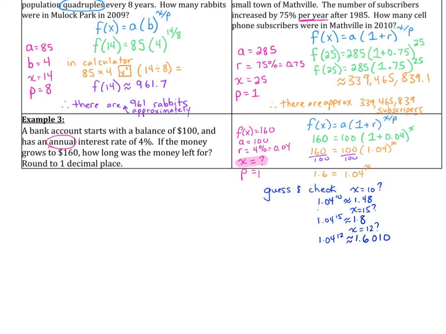If you were to try the exponent 12.1, you would end up with 1.607. If you were to try maybe the exponent of 11.9, you get 1.5947.